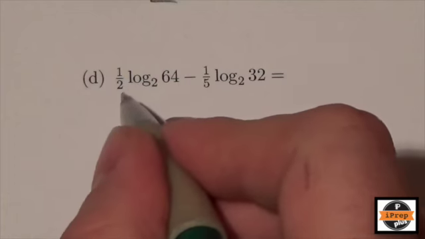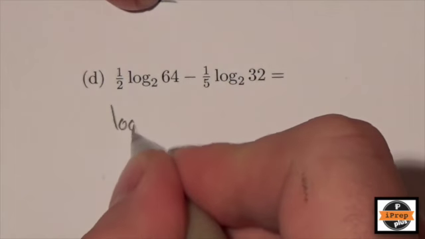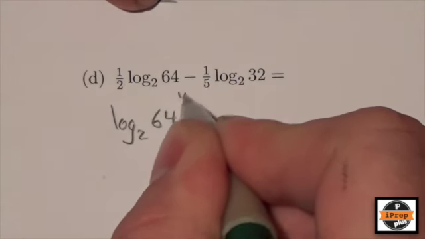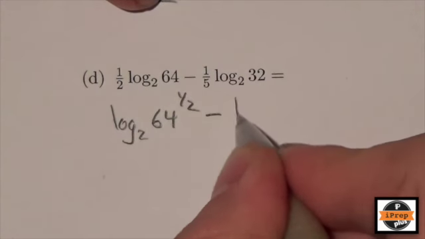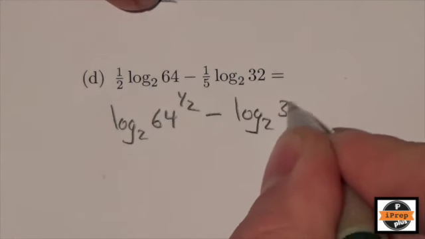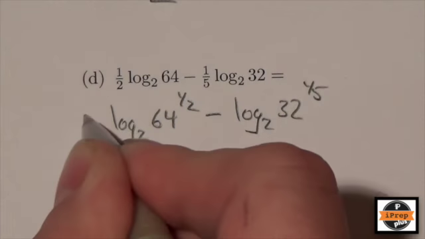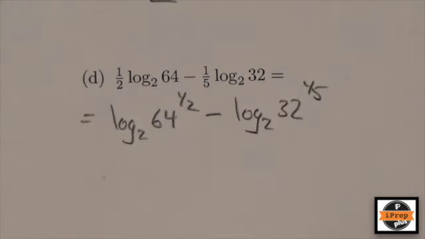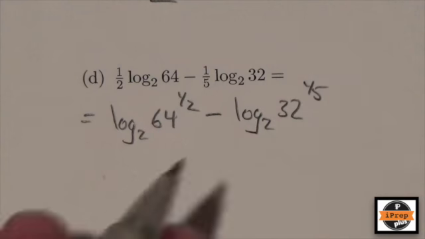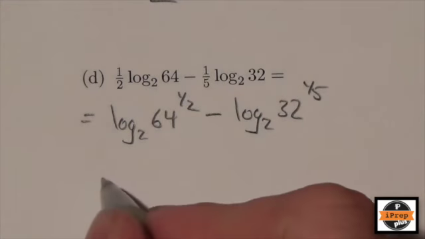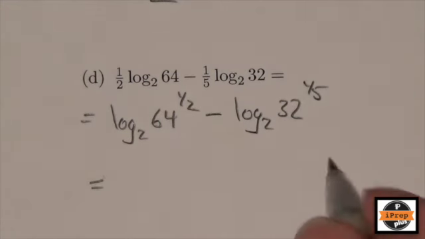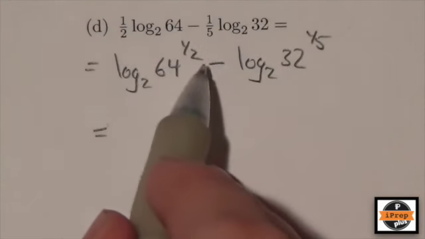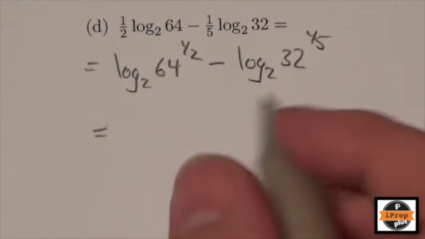So I'm going to bring that 1/2 up, and this will become log base 2 of 64 to the 1/2 minus log base 2 of 32 to the 1/5. That's my first step. Now, actually, I'm going to get lazy here. I can simplify that in this case. Actually, maybe I will.